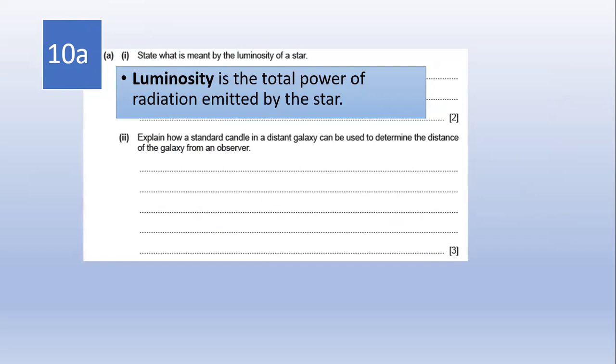Explain how a standard candle in a distant galaxy can be used to determine the distance of the galaxy from an observer.